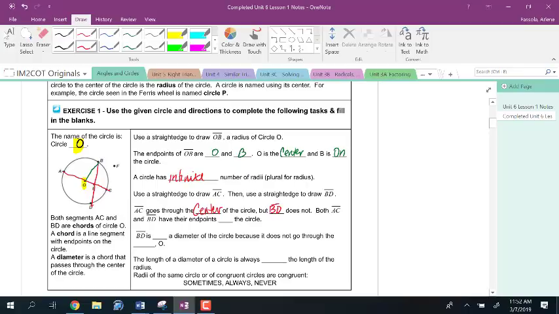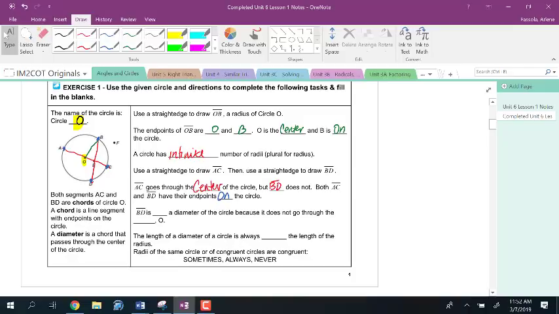However, both AC and BD have their endpoints on the circle. So one has a little bit more special property than the other. BD is not a diameter of the circle because it does not go through the center.